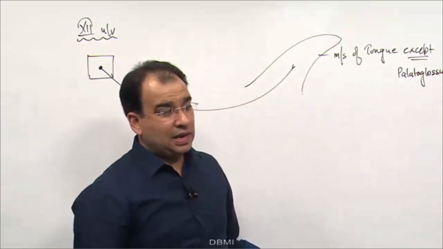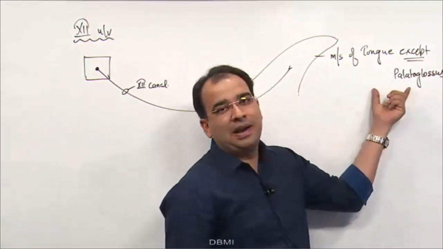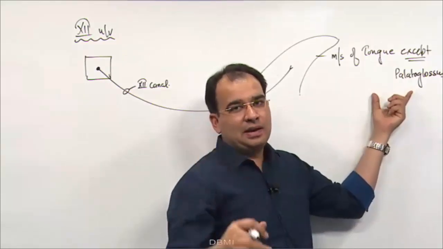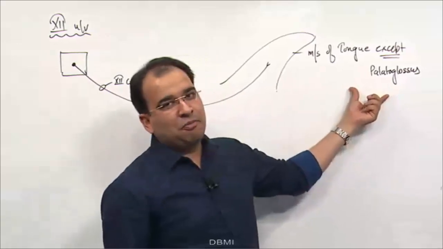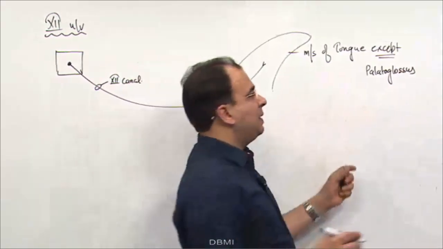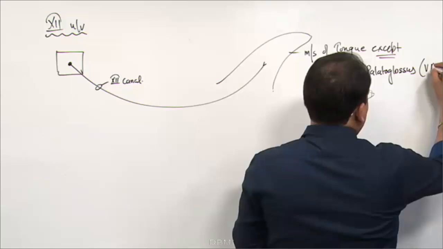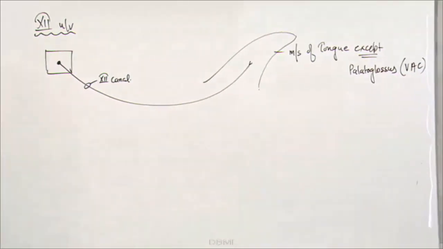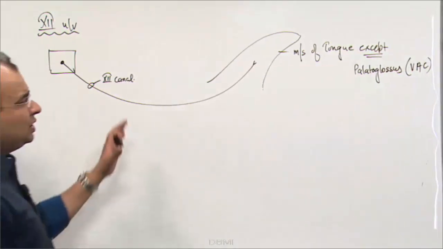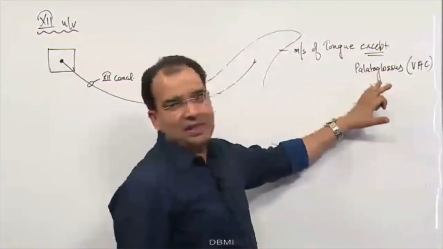Except palatoglossus, and makes sense. Palatoglossus, it's a muscle of palate also. It's a common muscle for palate and tongue. And we already saw that muscles of palate except tensor veli palatini are supplied by VAC. So palatoglossus is already supplied by vago accessory complex. So all the muscles of tongue are supplied by hypoglossal nerve except palatoglossus.